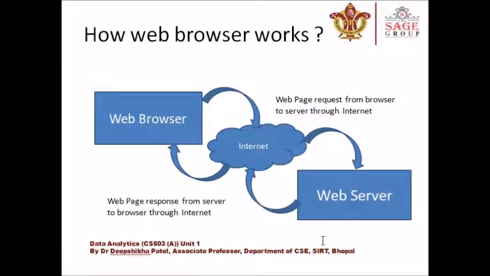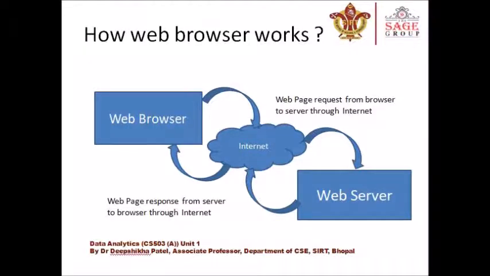Any resource located on that web server, the browser requests a page or resource. The web server finds that resource and sends it back to the web browser through the internet.